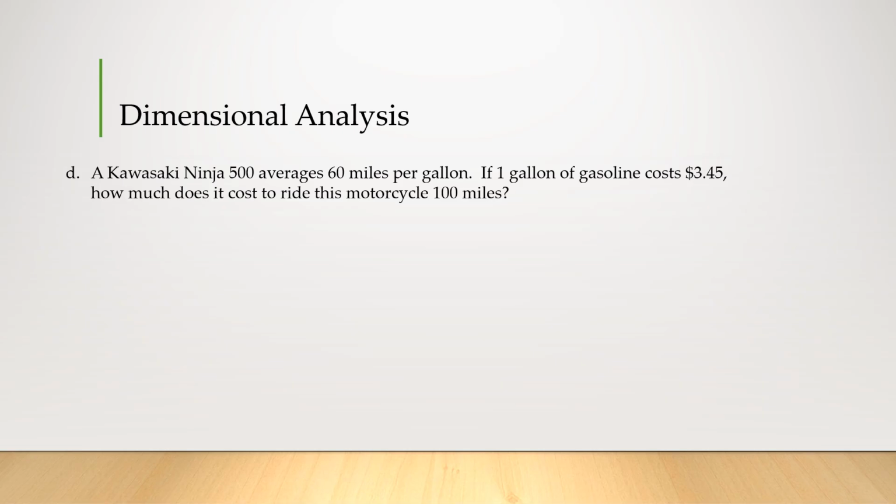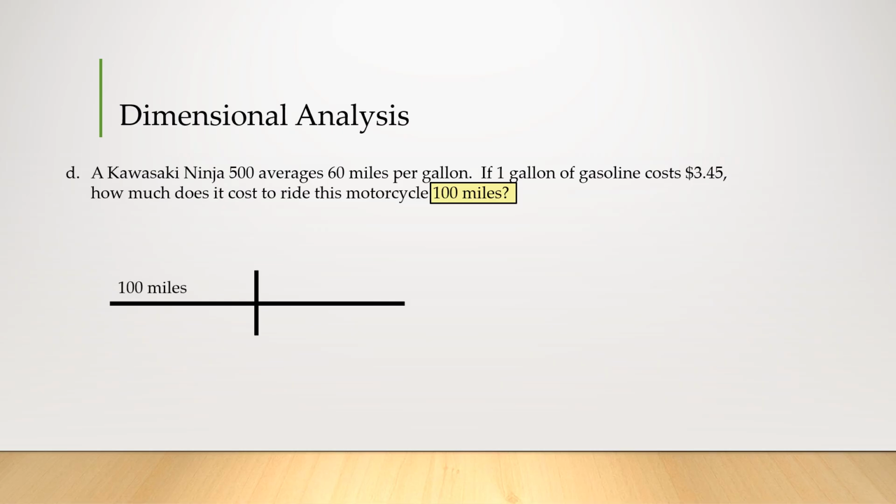Last one. Item D. A Kawasaki Ninja 500 averages 60 miles per gallon. If 1 gallon of gasoline costs $3.45, how much does it cost to ride this motorcycle 100 miles? If you didn't already do so with the last one, pause the video and see if you can calculate this cost. Start with our 100 miles ridden.